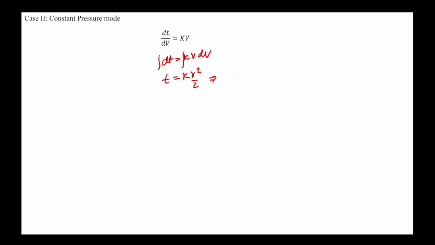So T we have 20 minutes. In the next 20 minutes, K we have 0.1 meter cube per minute into V square. What is the value of K?